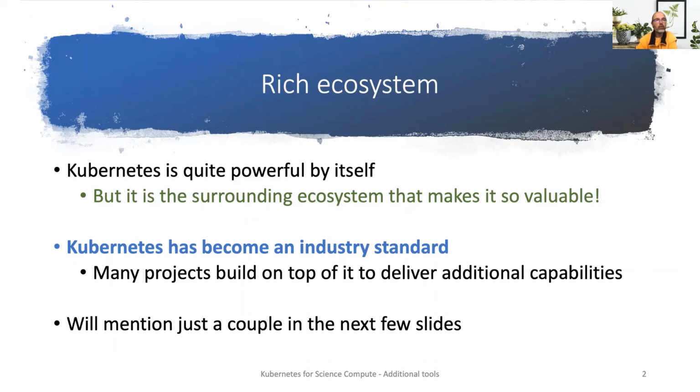What is so great about Kubernetes is the surrounding ecosystem that really makes it so valuable, because Kubernetes has become the de facto industry standard. There are so many projects that build on top of it to deliver additional capabilities that core Kubernetes doesn't support. And there are very few other system software that can claim that.